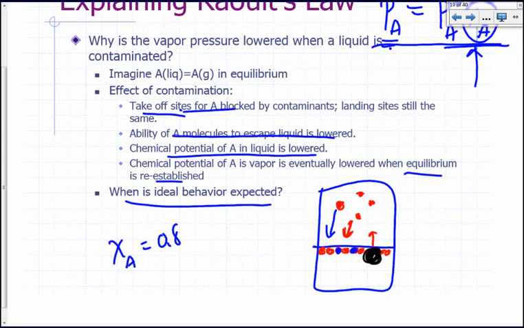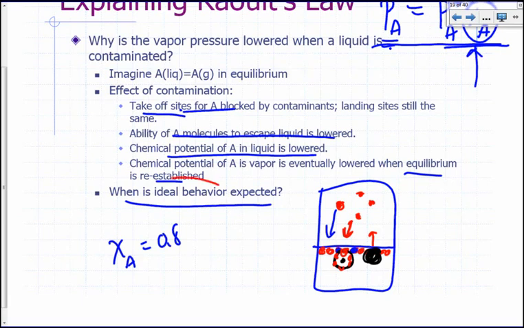Then you can expect that they will be blocking more of the takeoff sites. Or what if your contaminant strongly attracts the A molecules around it? There are very strong attractions between the contaminants and the A molecules. Again, you expect to see a negative deviation from Raoult's law.